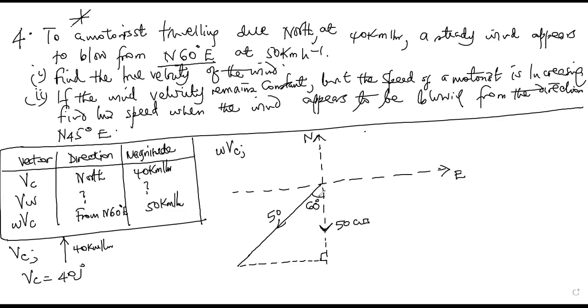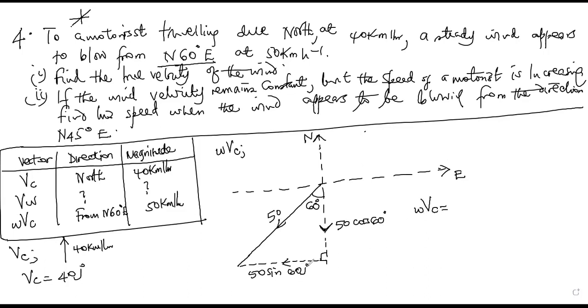The adjacent is resolved with respect to cos. So it is 50 cos 60 degrees. Then this one being the opposite will be 50 sine 60J.